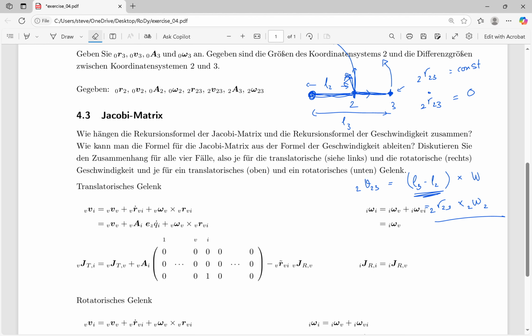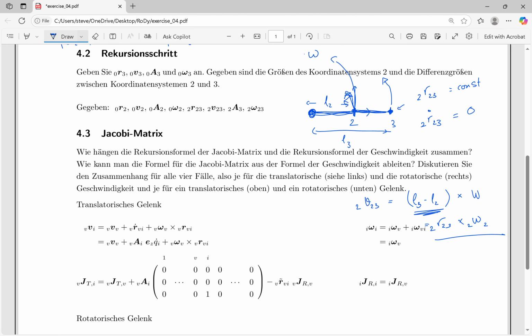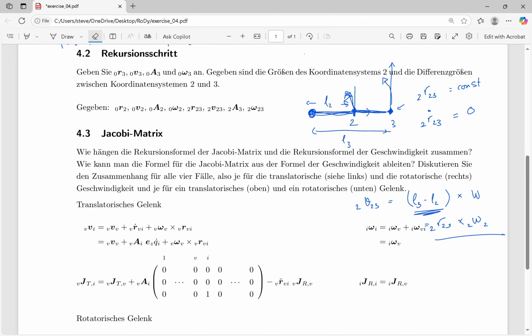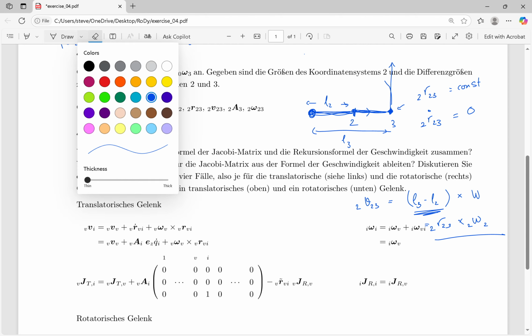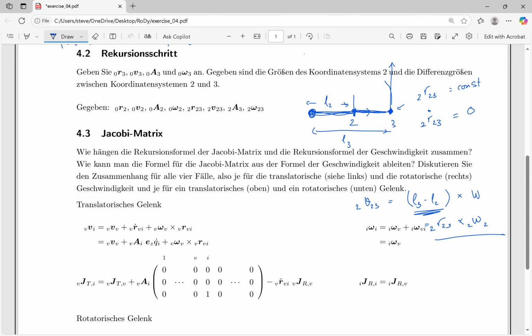And this number just means that since 3 is further away, it's moving faster, right? And 2 is closer, so it's moving a little slower. And it's this difference, right? This difference vector, this green vector, is the difference between that and that.